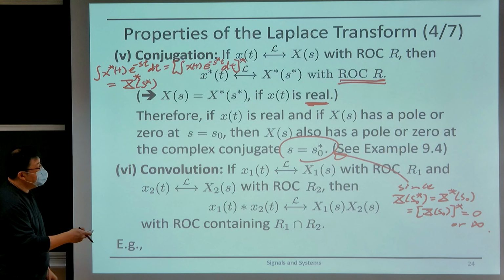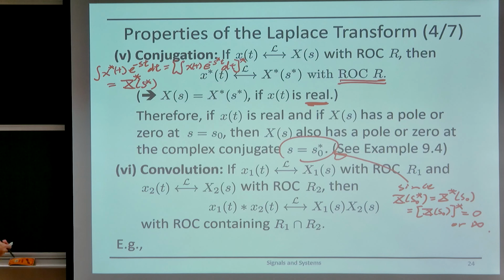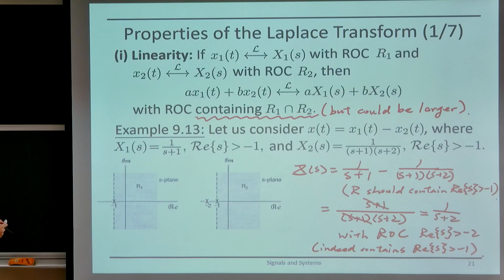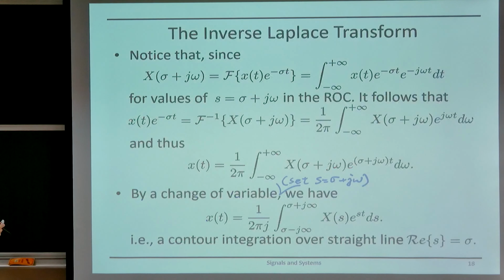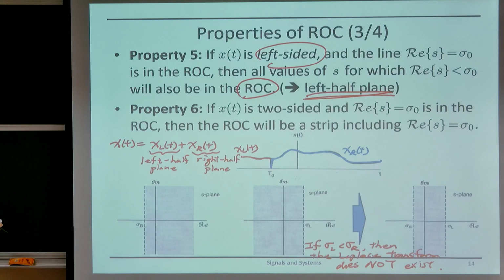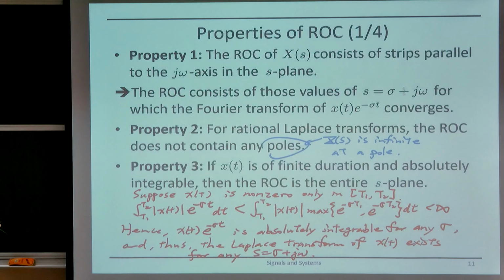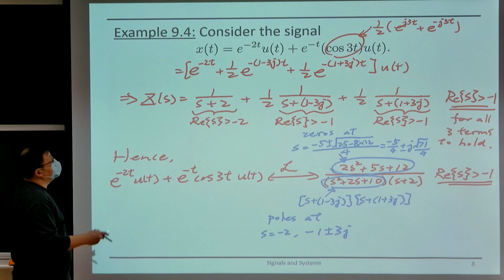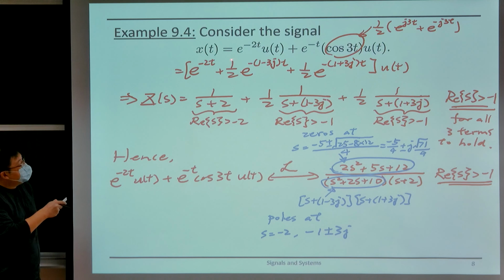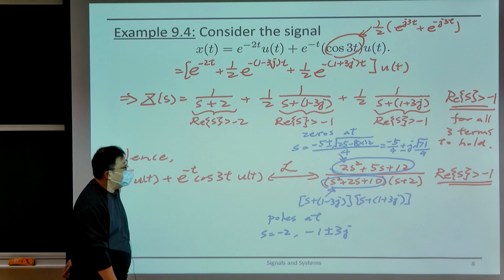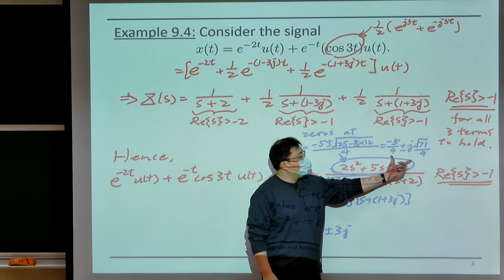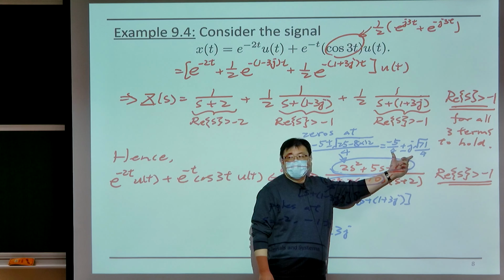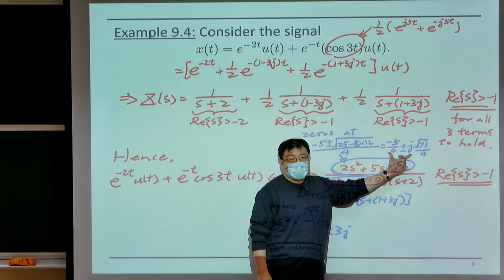So we can see an example in 9.4. We didn't really mention it then, but if you look back, this is indeed the case. If you look back at this example here, x of t is real. Now, you see that you have 2 zeros at these 2 points, and these 2 zeros are complex conjugates of each other.